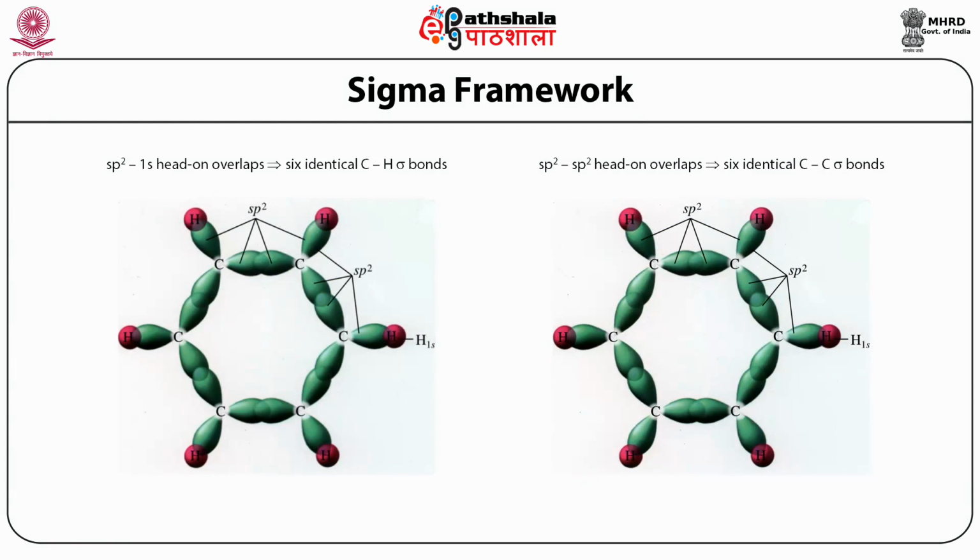In the first case, we have the sp2 and 1s head-on overlap as shown in this figure, which gives 6 identical C–H sigma bonds. In the second case, we have sp2 head-on overlaps, which give 6 identical C–C sigma bonds.